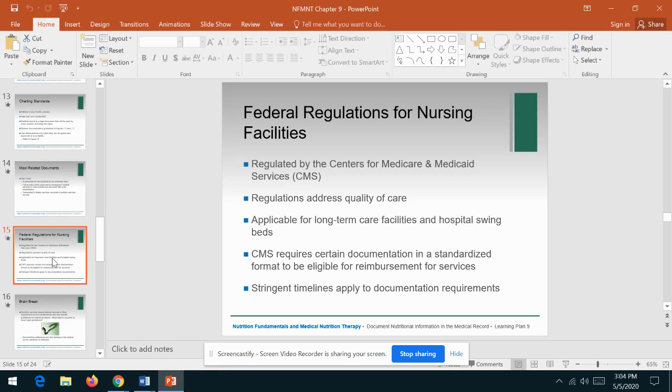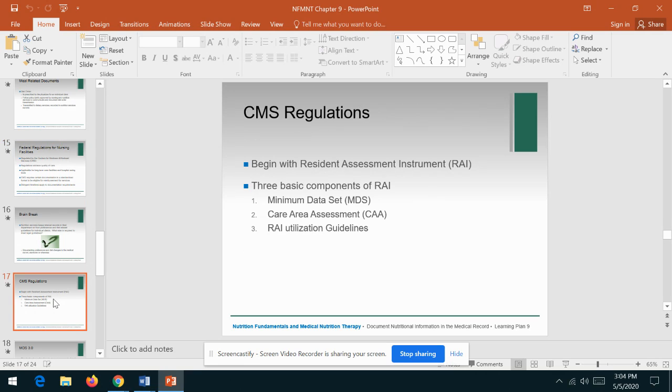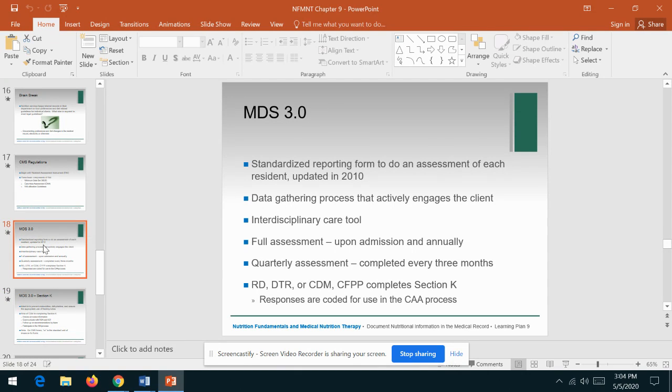Nursing homes that are regulated by the Centers for Medicare and Medicaid Services are required to complete certain documentation so that they are reimbursed. They have a document called the MDS, or the Minimum Data Set, and the Minimum Data Set is done quarterly.